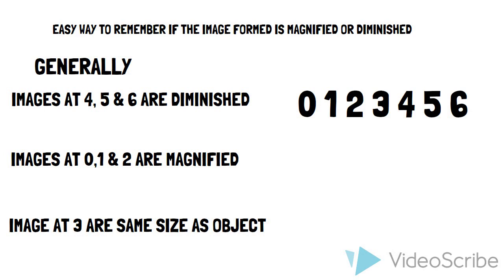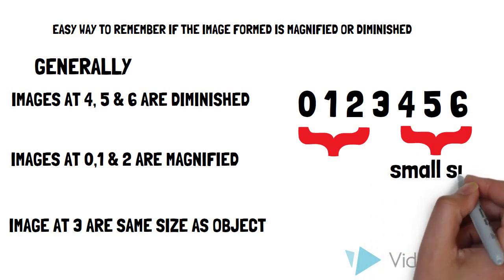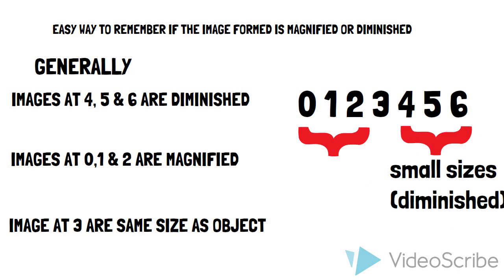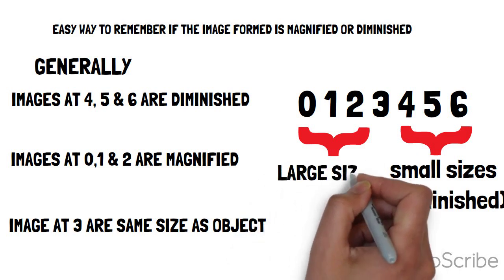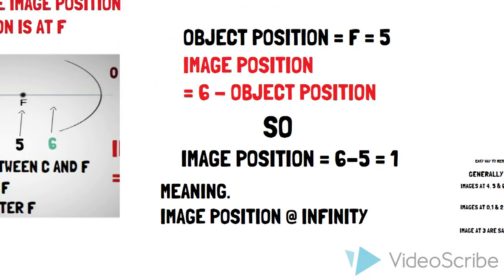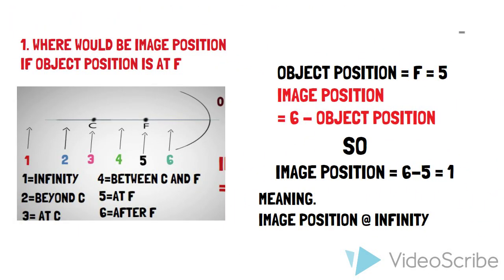So we see that the representation is somewhat opposite, in which large numbers represent smaller sizes and small numbers represent larger sizes. From this, we'll move back to our previous slide and determine if the image produced is magnified or diminished.